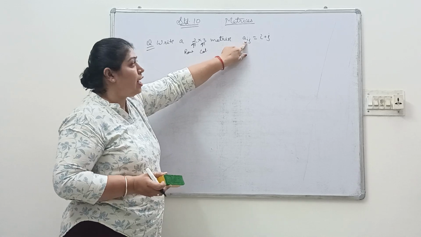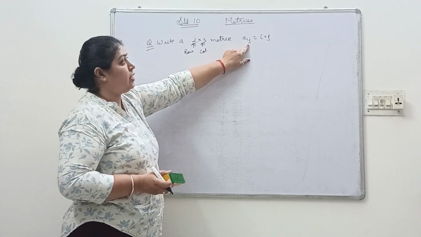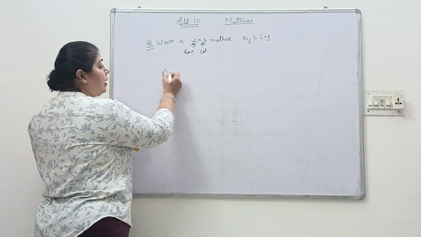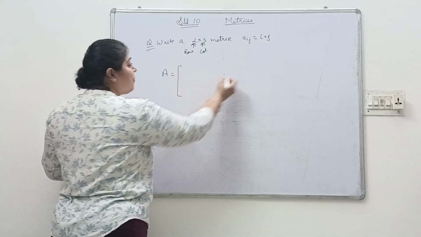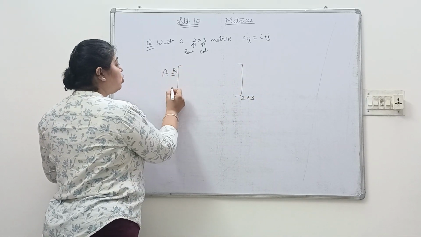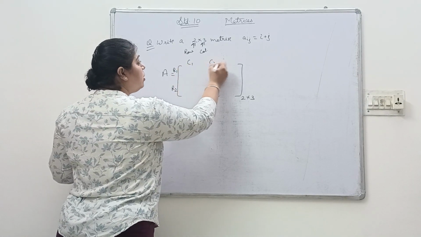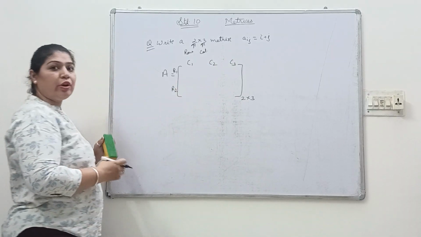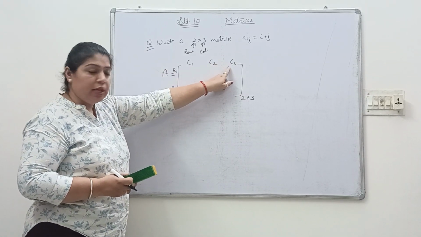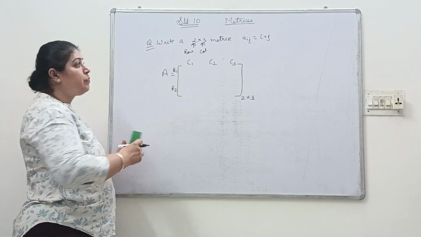What is i here? i is representing the number of rows. j is representing the number of columns. That means if we are writing a matrix A having order 2 by 3, then 2 rows should be there and 3 columns should be there. It is not necessary to write R1, R2, C1, C2 and C3 every time. If you are good in calculations, then you can directly write the things.